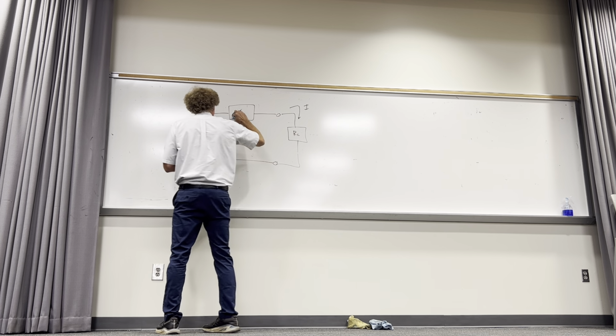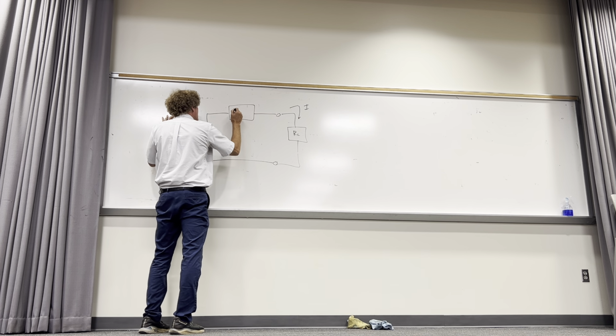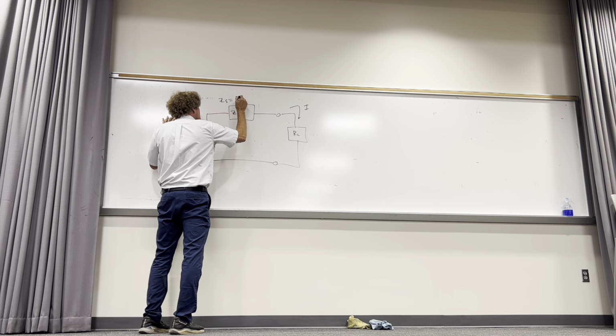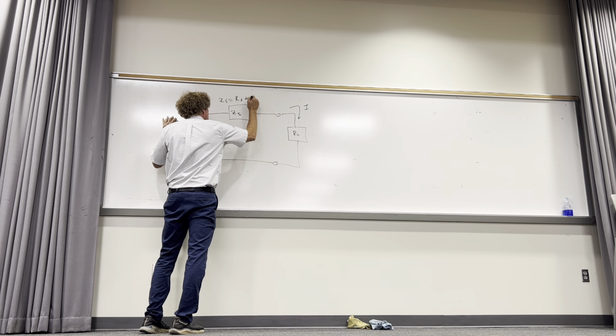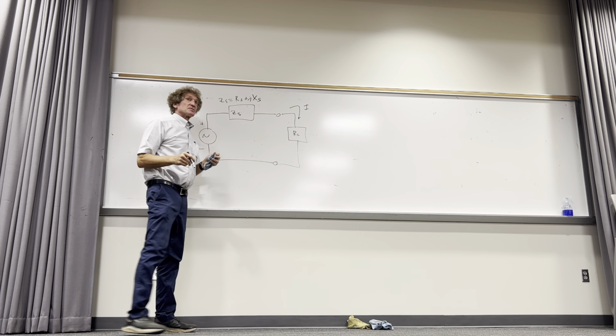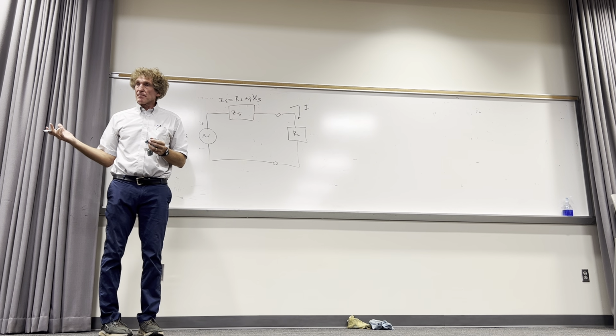Now, instead of having just a real part, I'm going to have some source impedance, and Z source is going to be equal to some source resistance plus J, and I'll call it XS. So it's going to be a complex source impedance. Do y'all follow me?